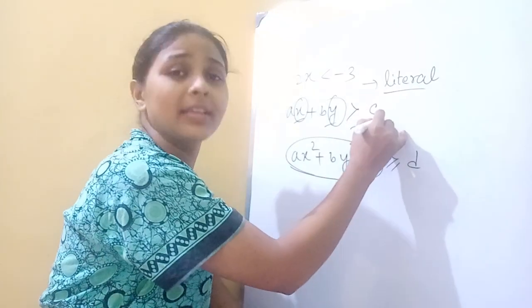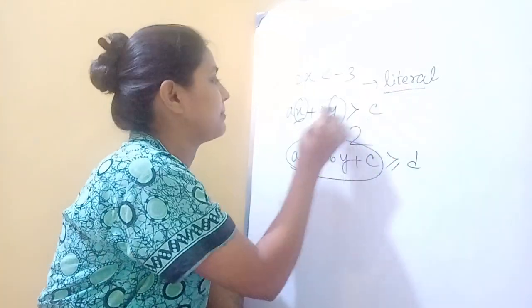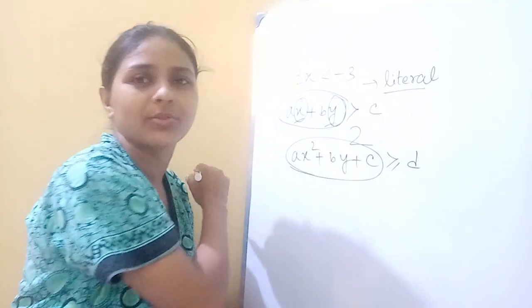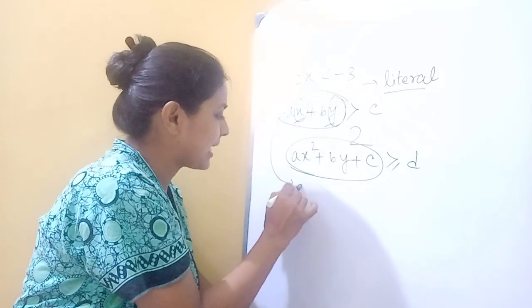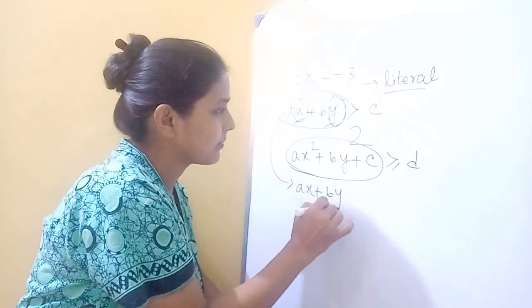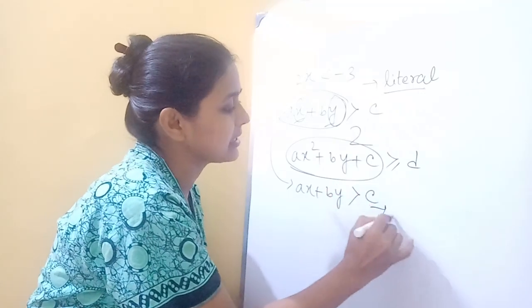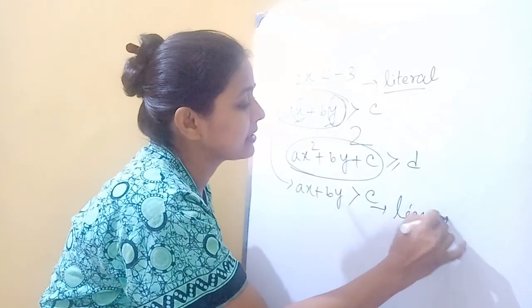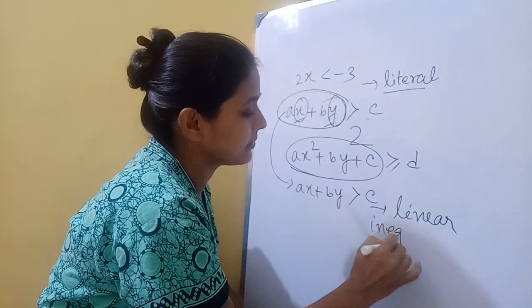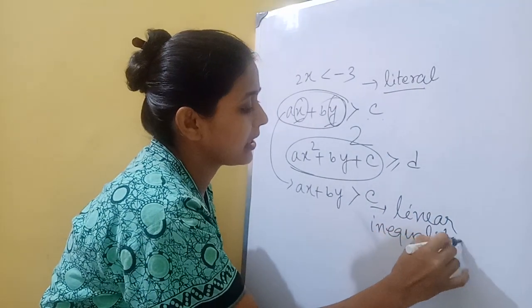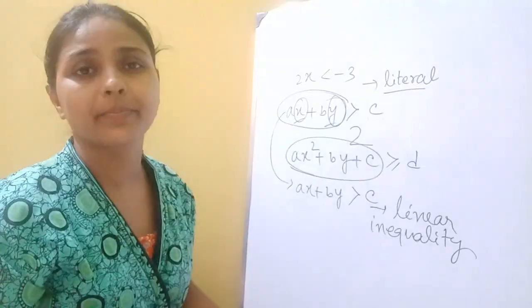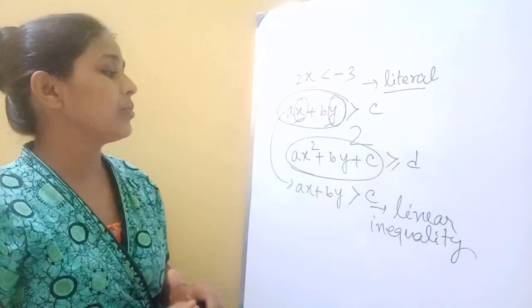Obviously these two are literal inequalities, but this one, ax plus by greater than c, is a linear inequality in x and y. This you need to know.